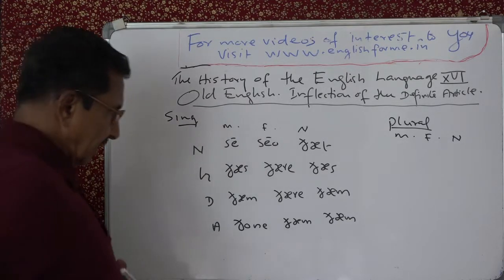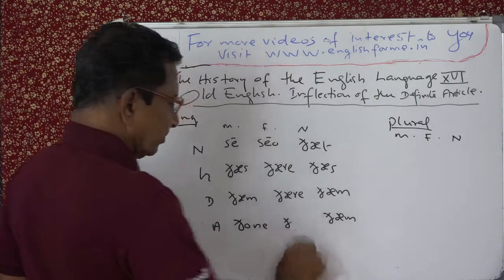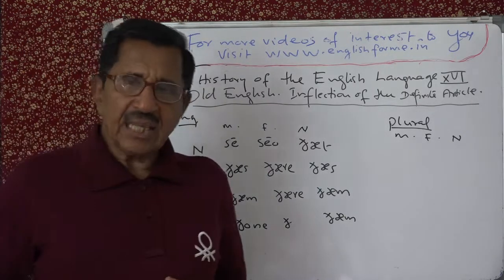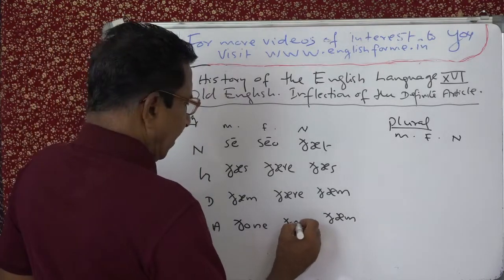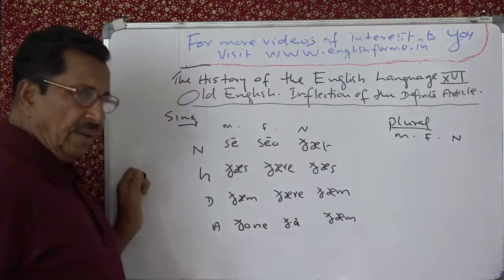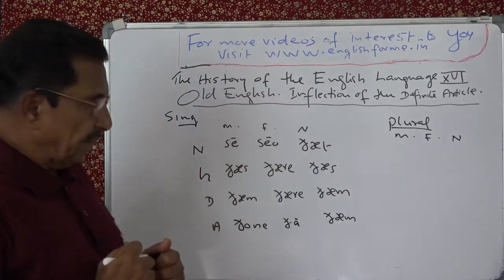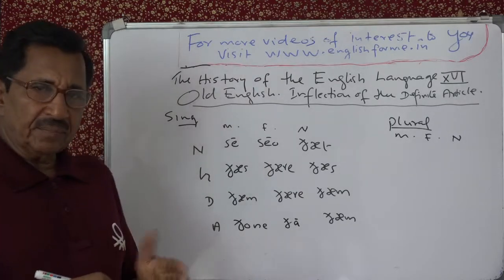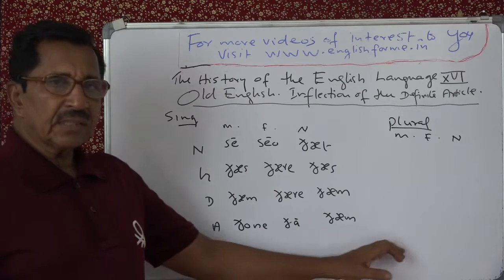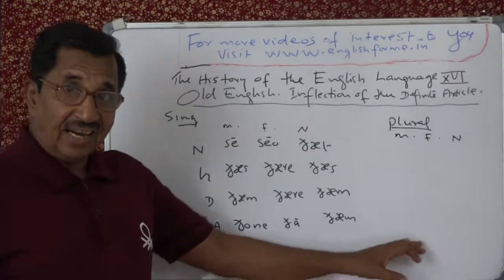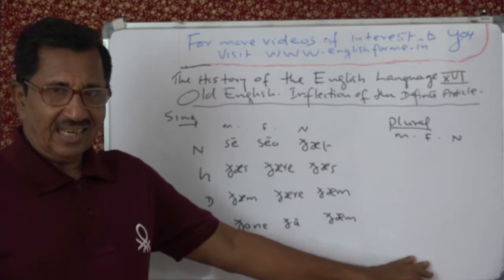Sorry, again there is a mistake. Accusative is thone, thone, and then tha. Correct. Understand? So this was the form. So you have to say, for a subject, he threw the stone, you have to say thone stan.